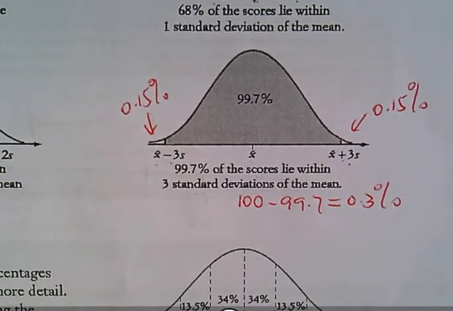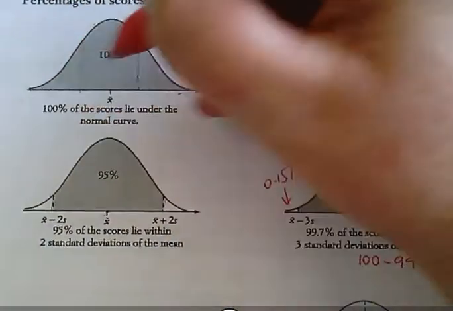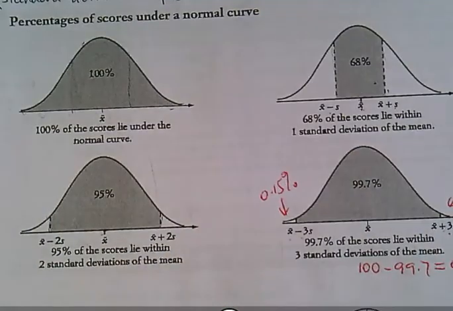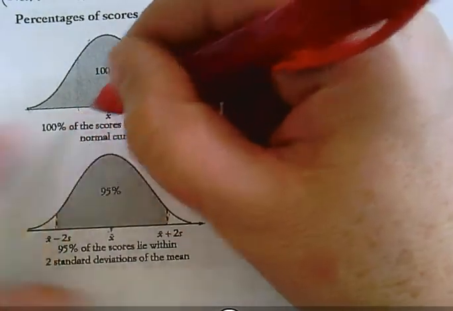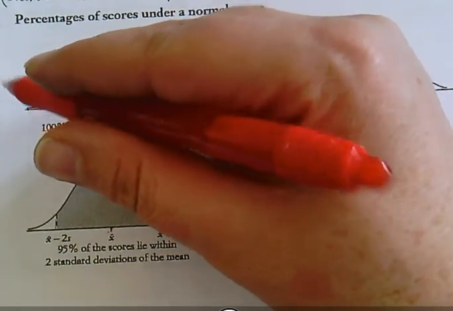But I need to show you something else. On a curve, if you come back here, this 100% is everything. This is the mean plus an infinite number of standard deviations to the right, and the mean minus an infinite number of standard deviations to the left.